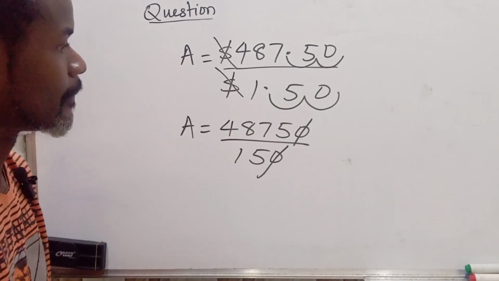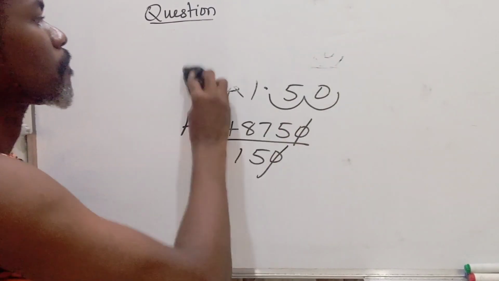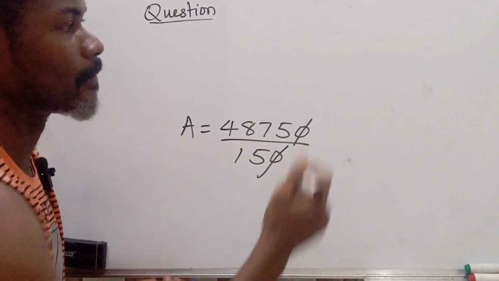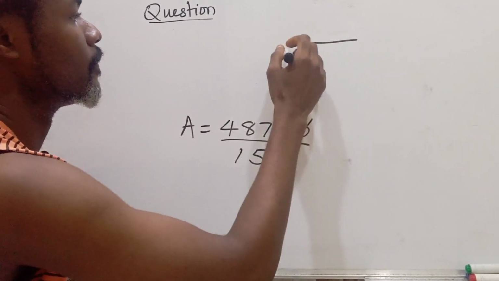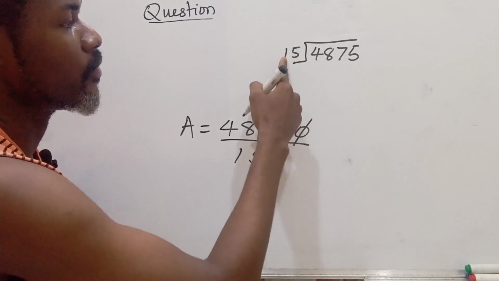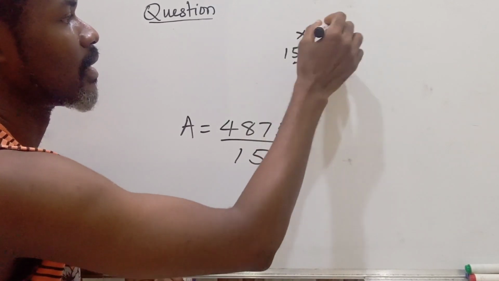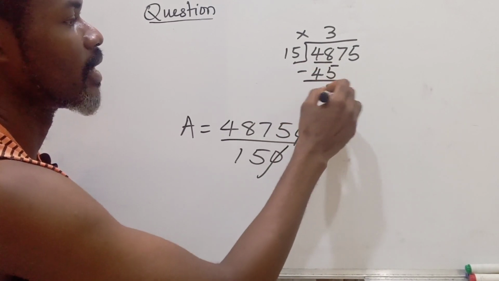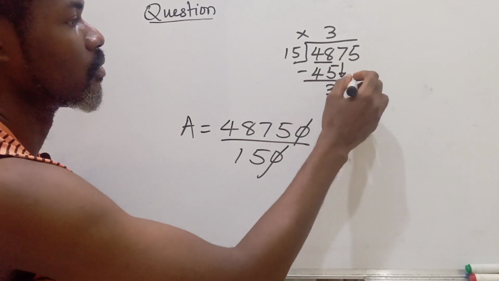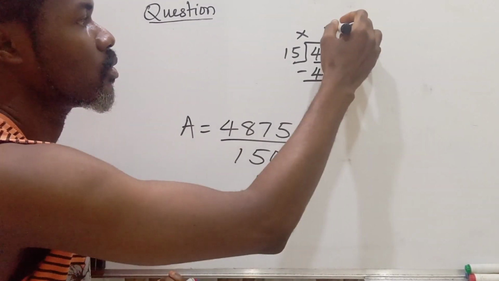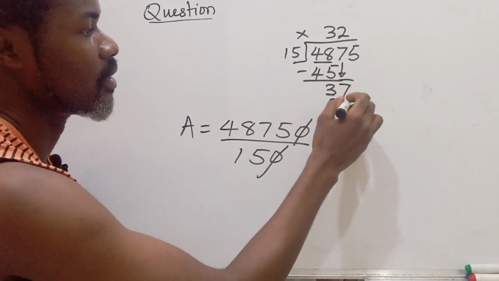Now dividing that, I have 15 into 4,875. 15 into 48 is how many times? 3 times, which is 45. We subtract this, we have 3. Bring down the 7. 15 into 37 will give us 2 times, which is 30.